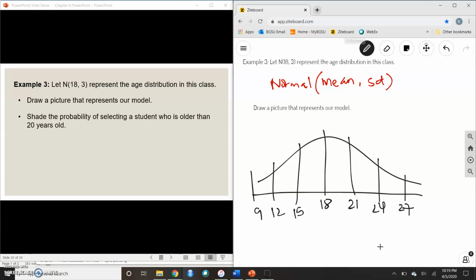So I'm going to look at where 20 is on my line. 20 is going to be right around here. We're looking for the probability of selecting a student who is older than 20, so we're going to shade to the right. The area that corresponds to that is what I've shaded right here.